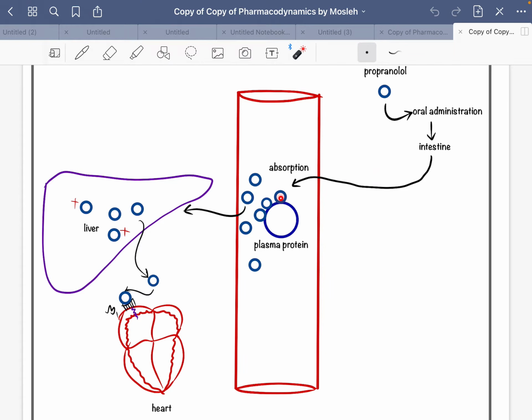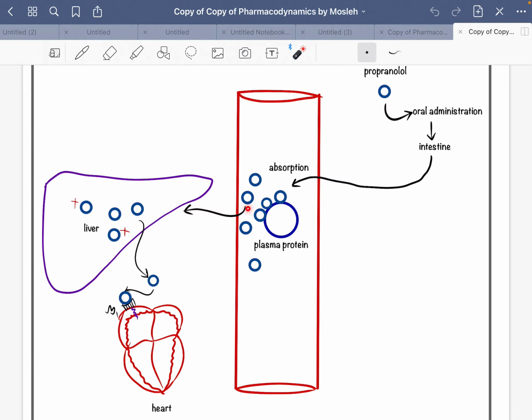Why? Because the bound drug cannot escape from the blood vessels, as they are attached with the plasma protein. So this plasma protein bound drug acts as a storage of the drug. And these 4 propranolol are free drug. Free drugs are active drugs.